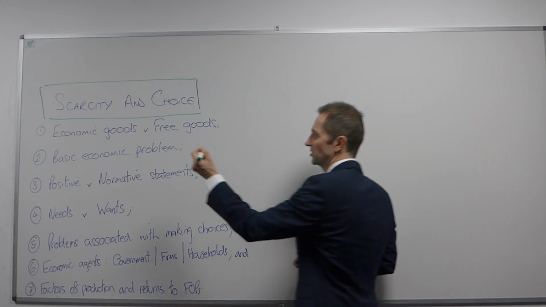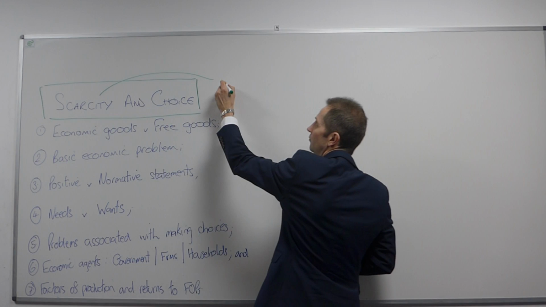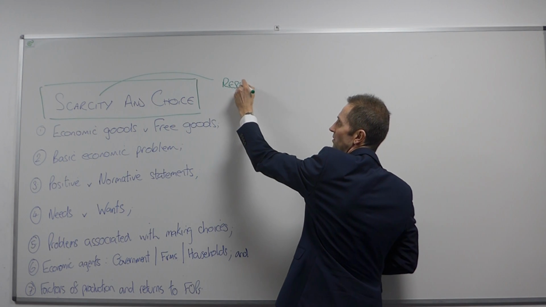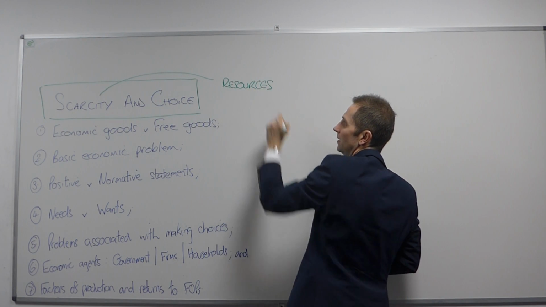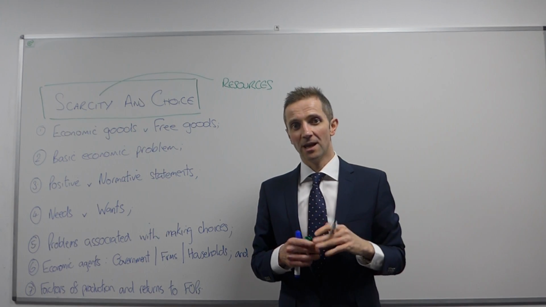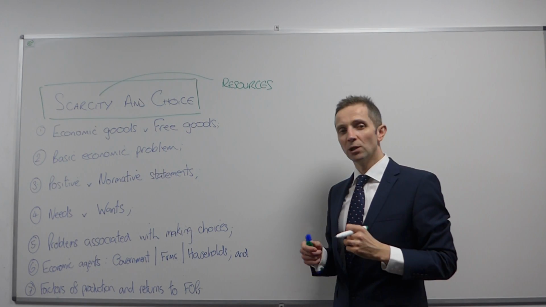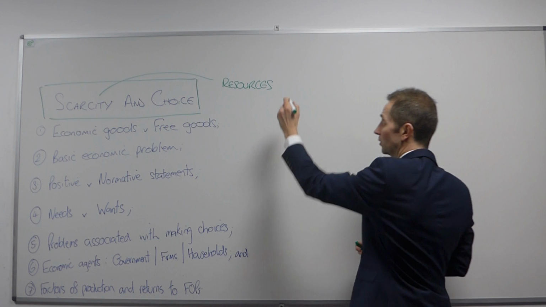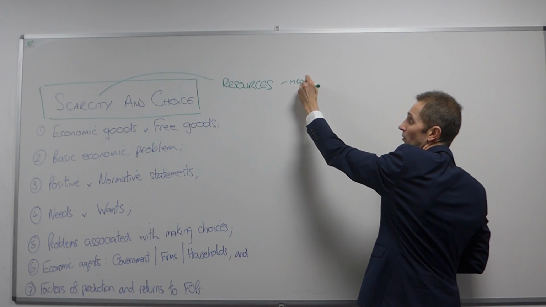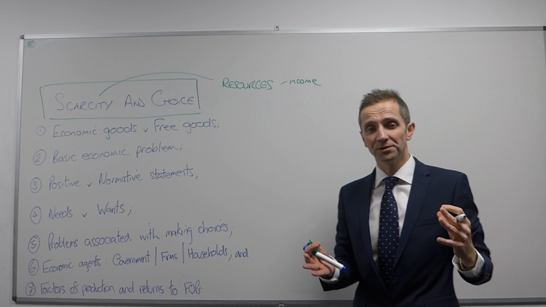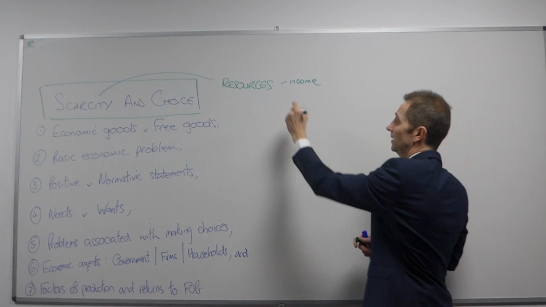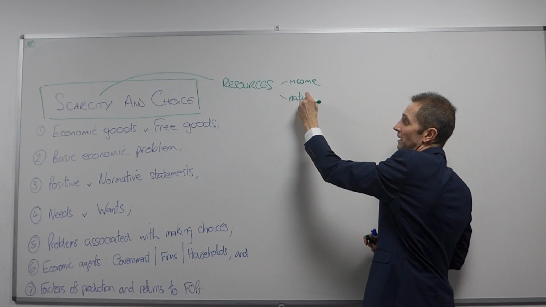So when we talk about scarcity, we are referring to resources being scarce, i.e. at some point they will all be used up, be that your own individual income or a household's income or a natural resource.